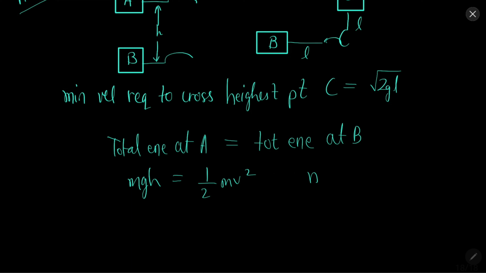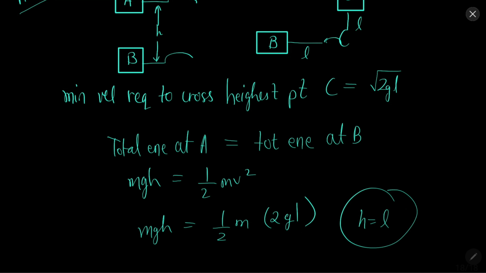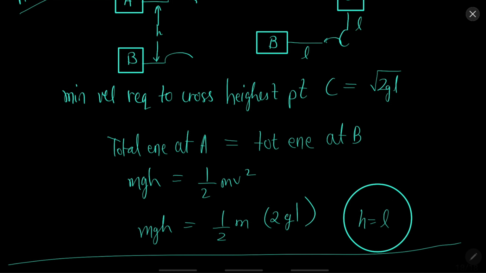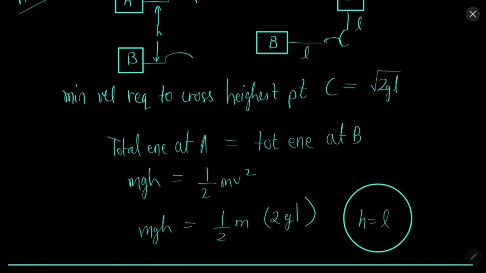So from this, let's put the value: mgh equal to half m, and v is root 2gl, so v square is 2gl. So this is the scenario that we have, and in this situation you will find that h will be equal to L. So this is the situation that we get.